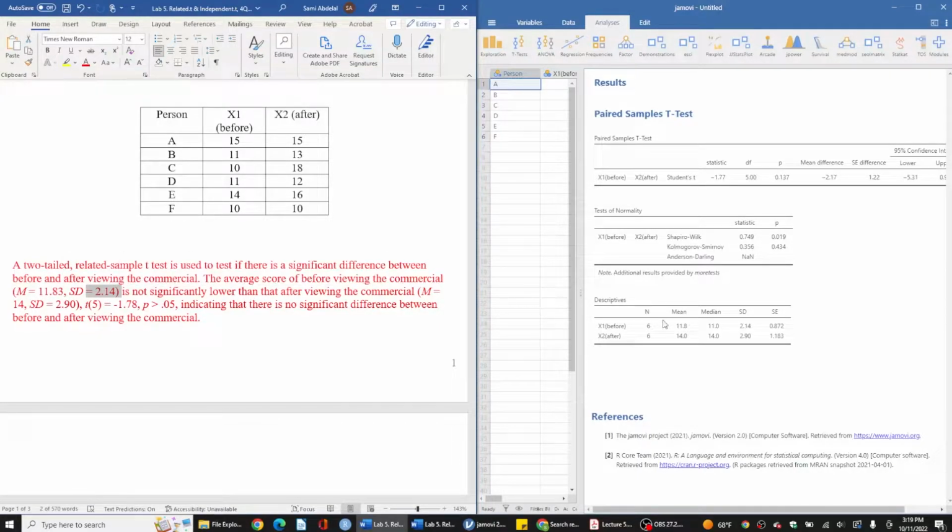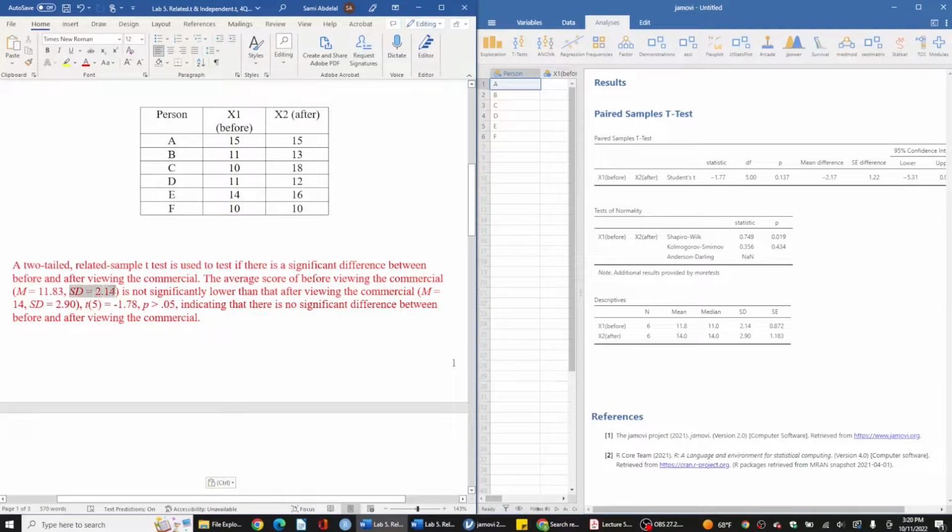We obviously took that from down here, 11.8, and 2.14 for the standard deviation. Don't worry if there's no 11.83 here. This is from R, so it gave me an extra decimal point, but 11.8 is also very acceptable.